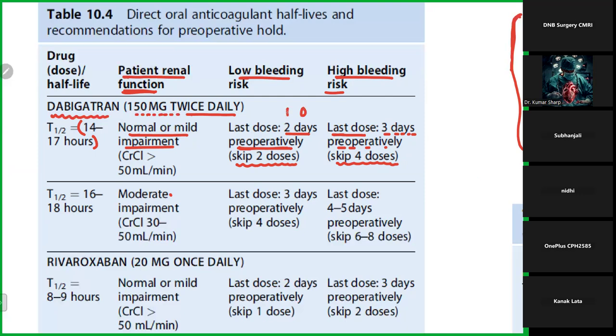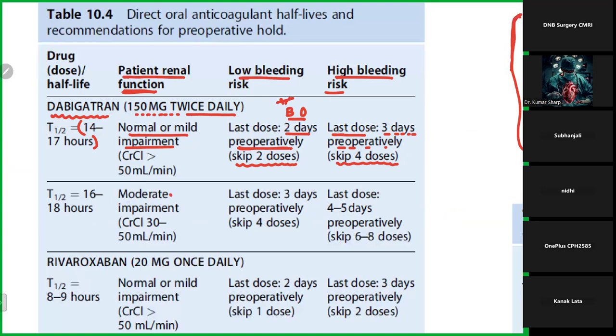It was given in the description over there. Okay. So that's why I wanted to be sure. Day 0 is the day of surgery, and one day before, when you are giving a BD dose, you are actually not giving the BD dose. Okay. Right.